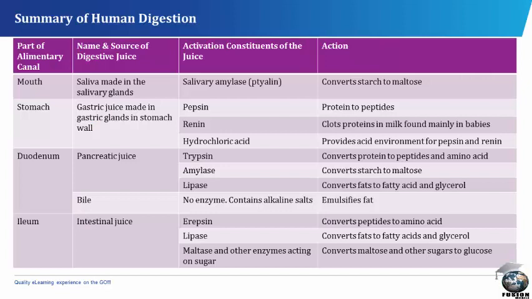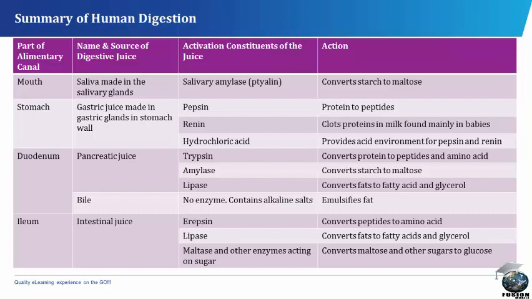Summary of human digestion. On the screen is the list of the parts of alimentary canal, the name and source of digestive juice, the activation constituent of the juice, and the action it takes.